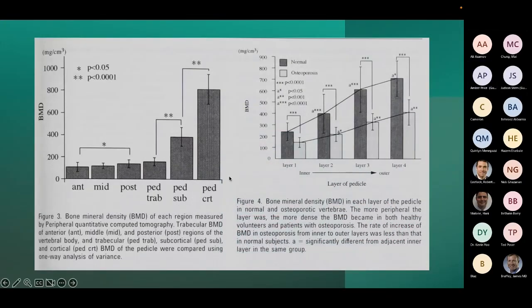The importance of this graph shows that the largest bone mineral density is obviously within the pedicle, and this is most related to the pull-out strength of the screw, specifically how much purchase the screw gains within the pedicle. And then you can see the difference between individuals who had osteoporosis and normal bone.